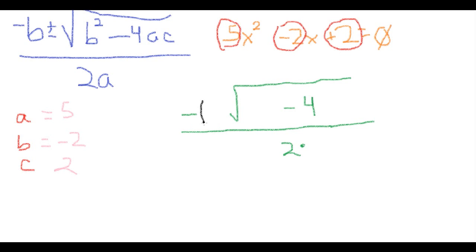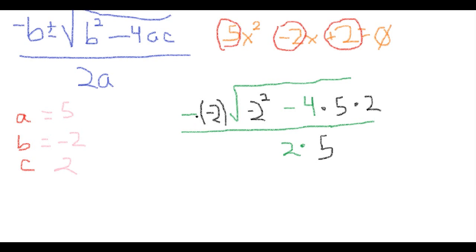So our b will be negative 2. I'll just put that in parentheses so we won't be confused. B squared is negative 2 squared, minus 4ac. Our a would be 5. And our c is 2. And our a for 2a is 5.